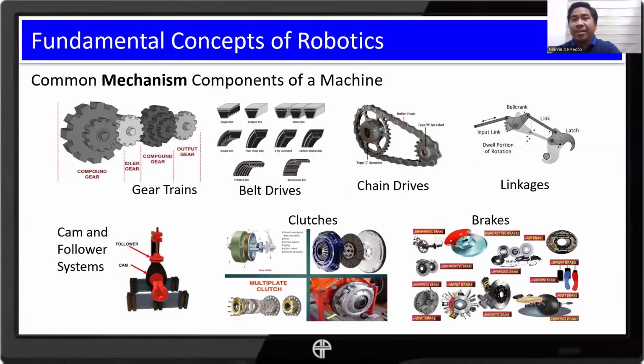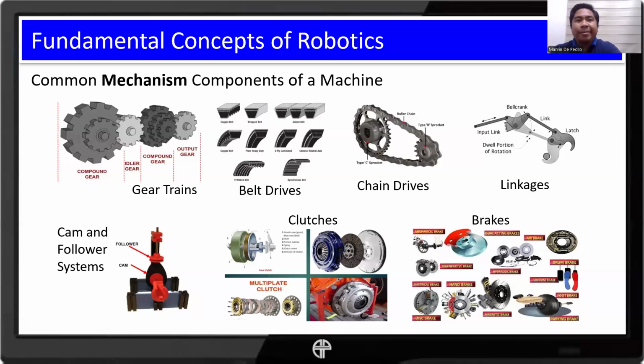These components are meant to move some components like the arm, the legs, the wheels. That includes the gear trains, belt drives, chain drives, linkages, brakes, clutches, and the common follower systems. You can check this if you want to explore the mechanical aspect of robotic systems, but unfortunately, this course focuses more on the electronic side.